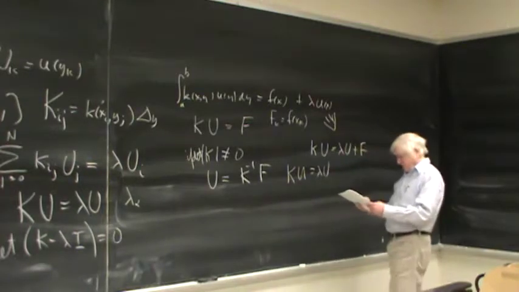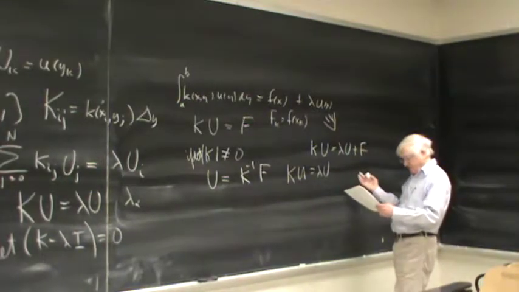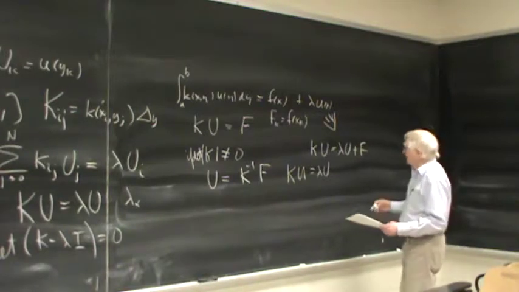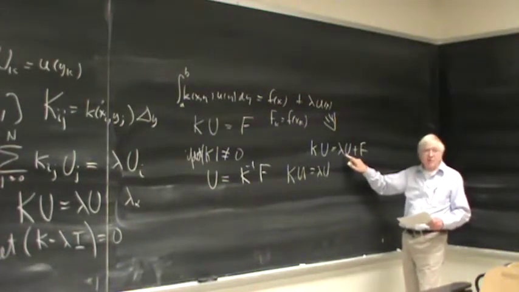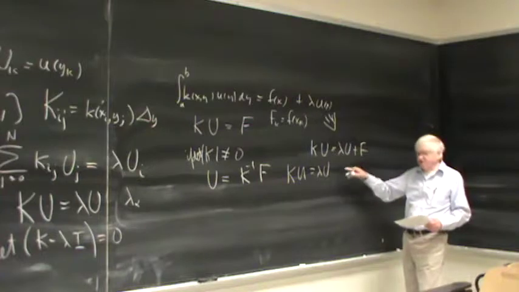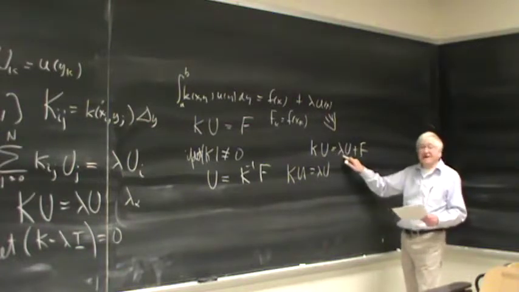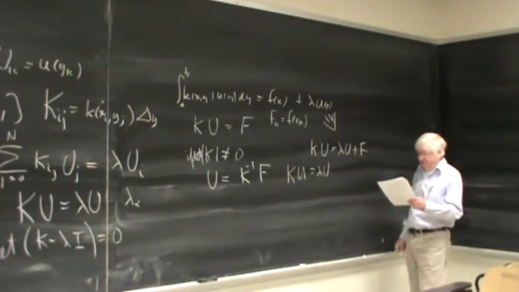You find the most general solution of it, and then you pick a lambda that's not one of the eigenvalues. So you have a zillion eigenvalues. You pick a lambda that's not one of the eigenvalues.